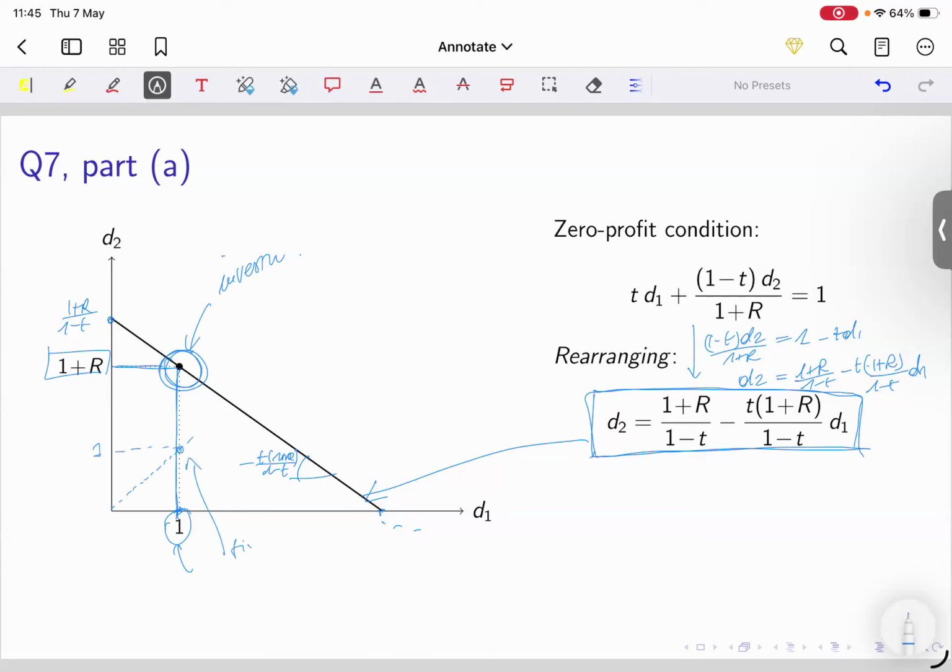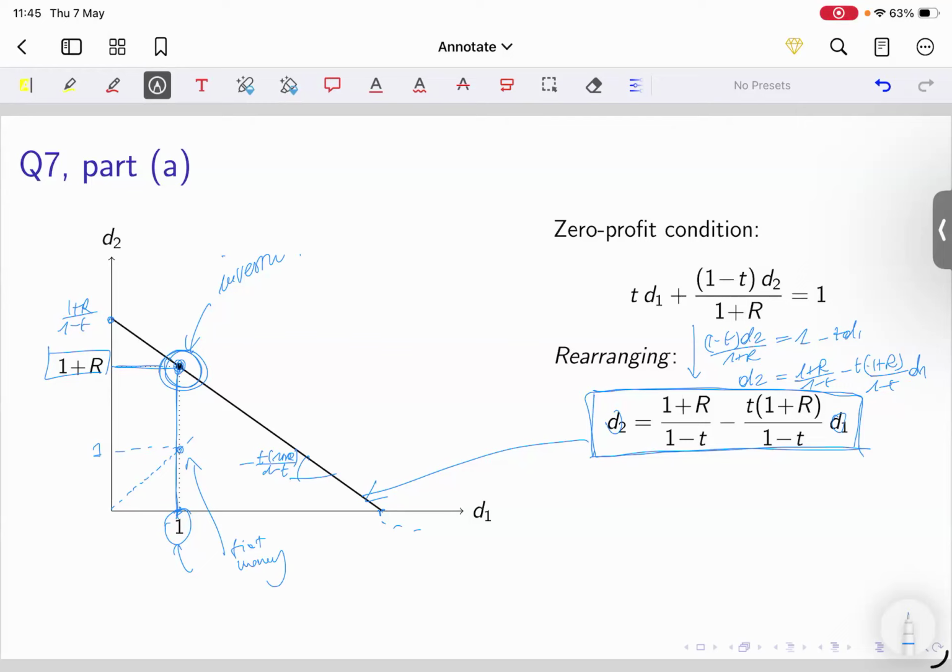This is your fiat money option. So you can check this investment point is indeed on this budget line. Substitute D1 equal to 1, D2 equal to 1 plus R, and you see you'll have an identity. It holds there.